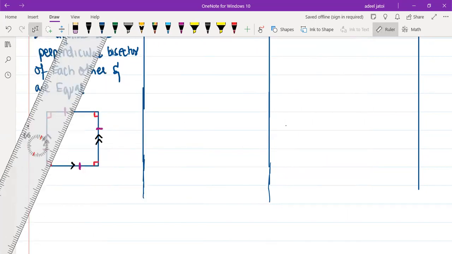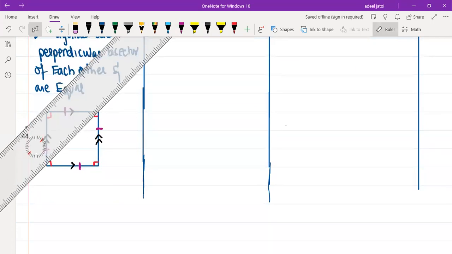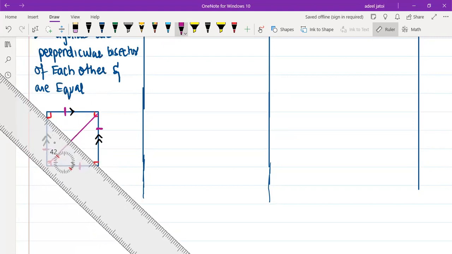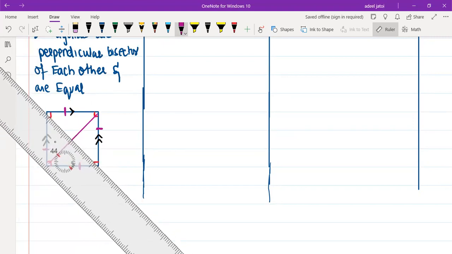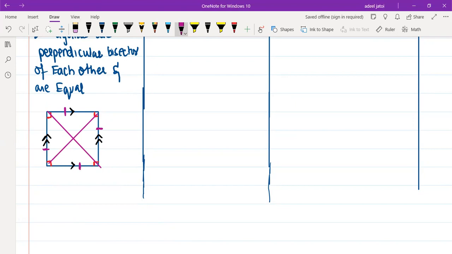And finally, it says perpendicular bisector, that means the diagonals are basically what? If we create the two diagonals, what will they do? They will create 90 degrees.